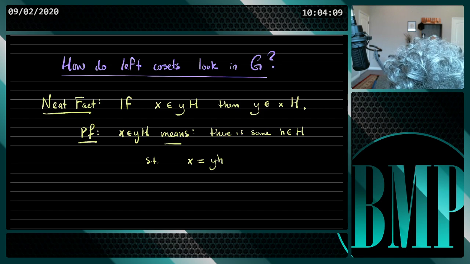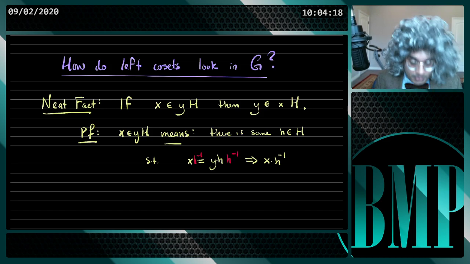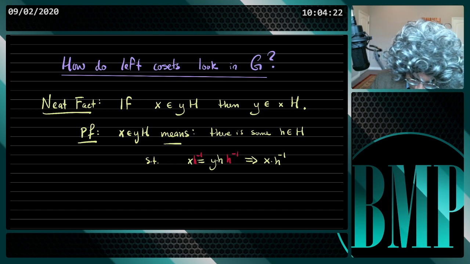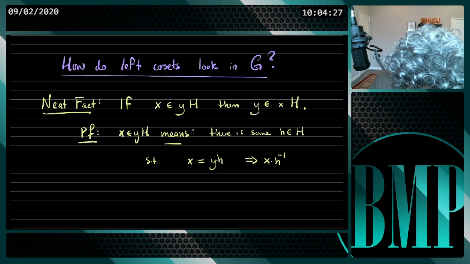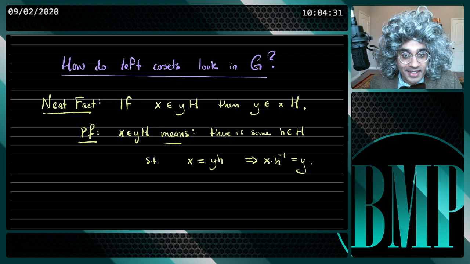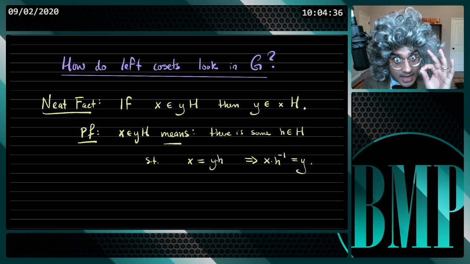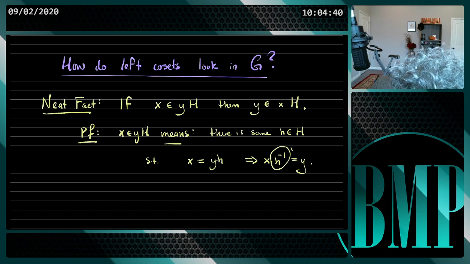Great. So X is Y times H for some H. Therefore, X times H inverse. Notice, I hit this equality on the right by H inverse. Multiply on the right by H inverse. And then you'll get my next sentence. This is Y. But look, Y is the element X times an element of H. This is in H again.